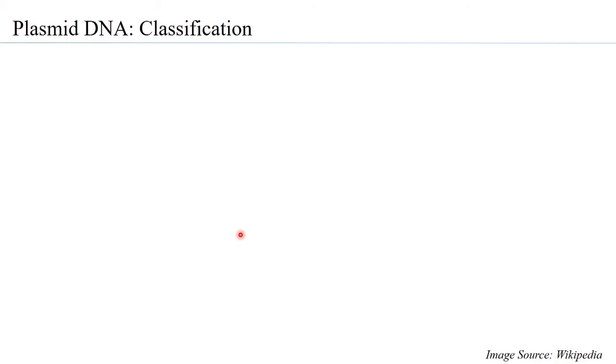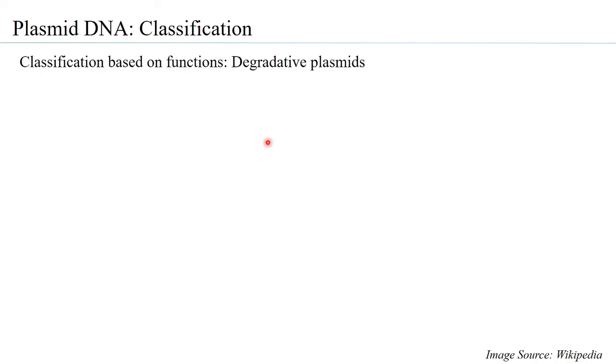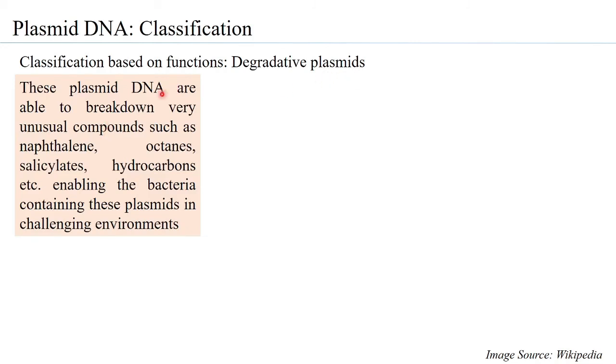Let us now go to the next class of plasmids. They're called degradative plasmids. Now, as the word suggests, these plasmids enable the bacteria to degrade certain very specific recalcitrant molecules. When we say recalcitrant molecules, what do we understand?